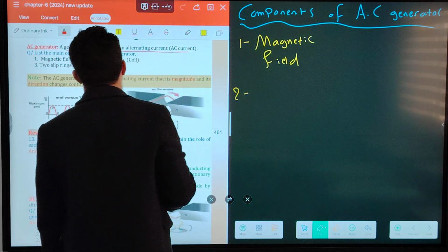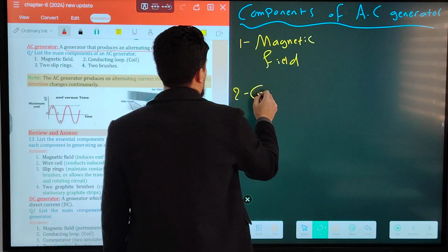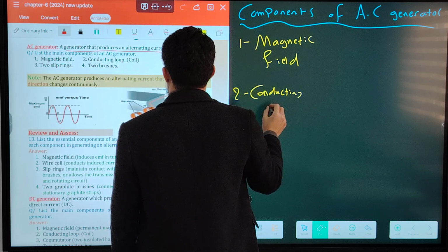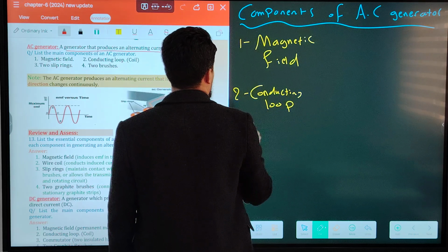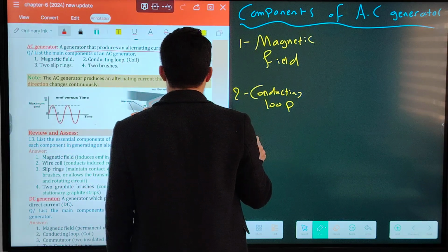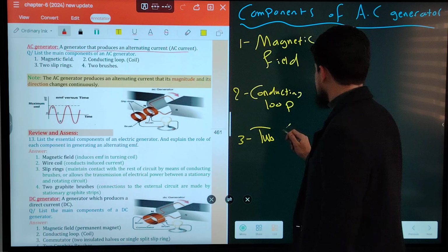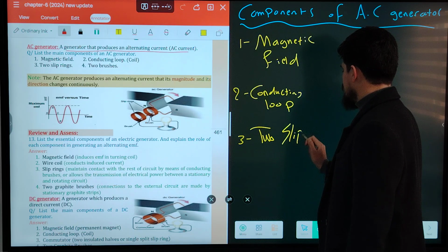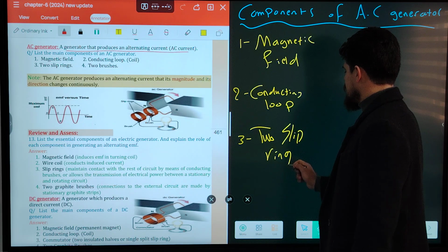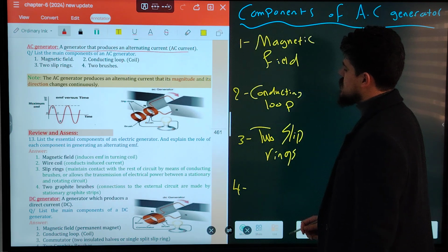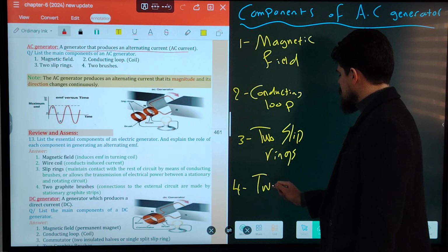Number 2, a coil of wire, a conducting loop, the armature. Number 3, two slip rings. The last component of an AC generator, two brushes.